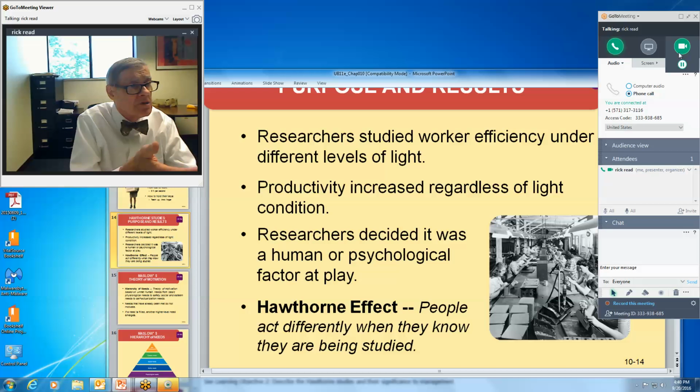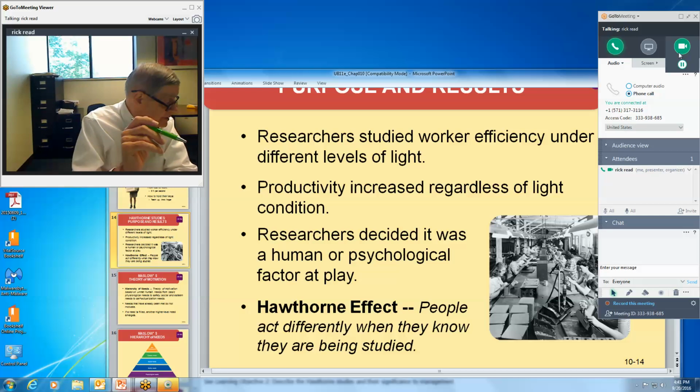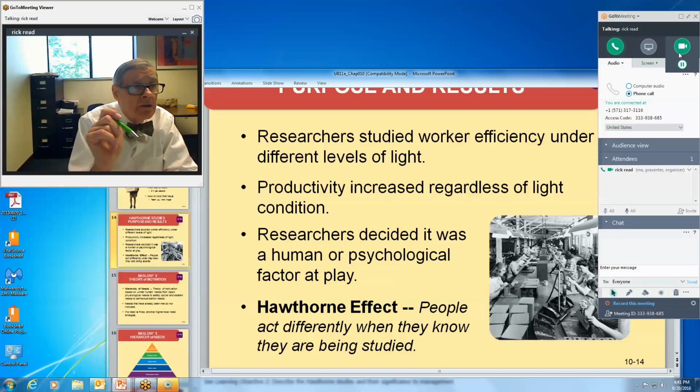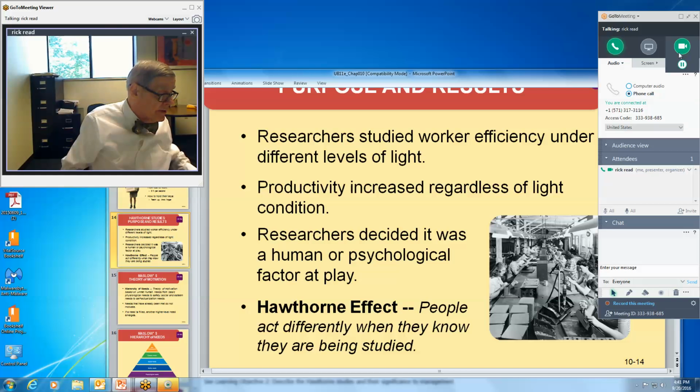And so there was some psychological factor going on here, a human relations factor, etc. So then what they concluded once they found that out, by the way, there was evidence, I'm going to give you one that the text does not discuss here, is that this was known as the Hawthorne effect, and that people act differently when they know they're being observed.